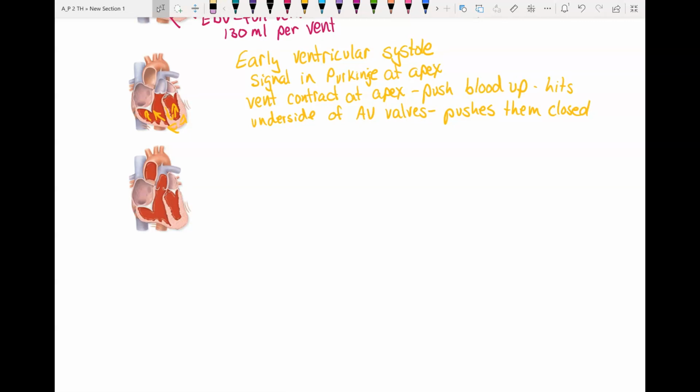Now we go into the late ventricular systole. So the contraction moves up the ventricles. So now the upper part of the ventricles is contracting.